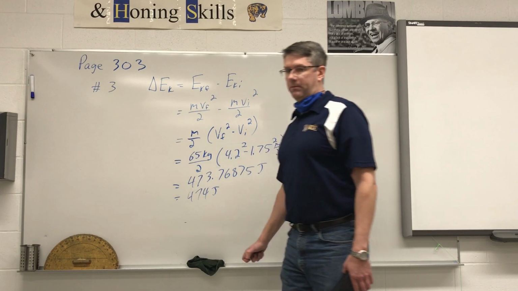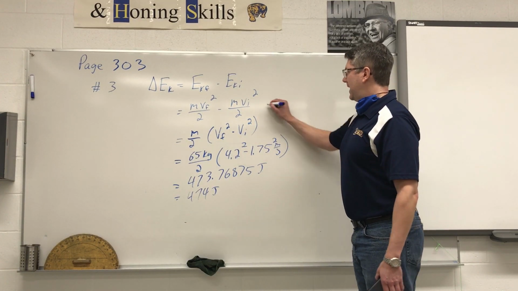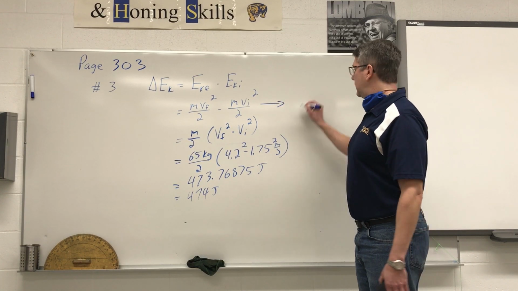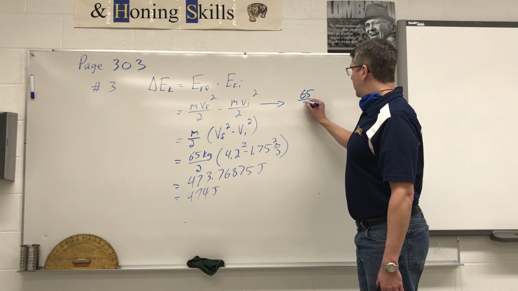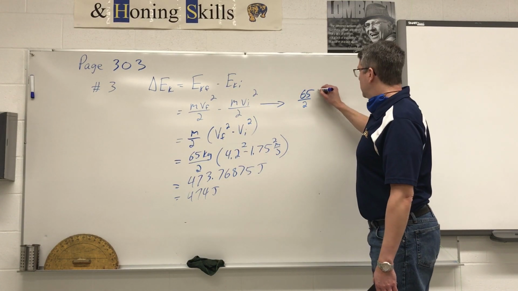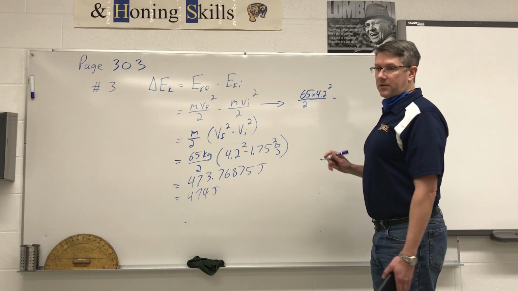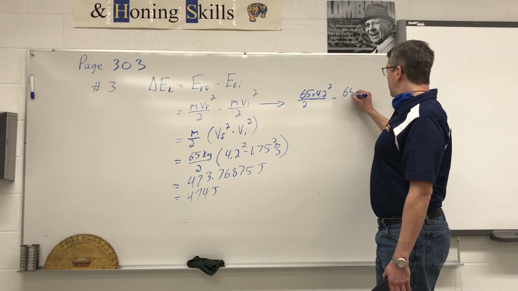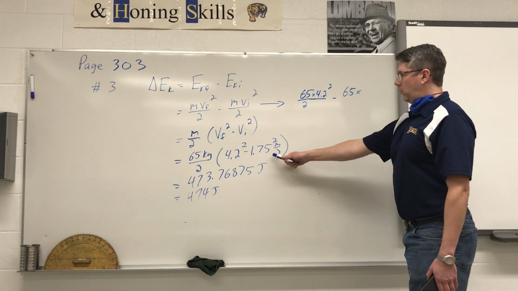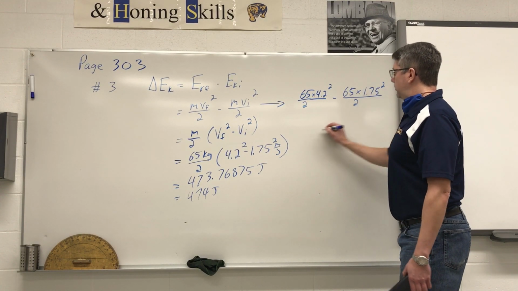474 joules. Now, the second option here is to take this and substitute our numbers directly in. So we're going to have 65 kilograms divided by 2 times our velocity final 4.2 squared minus our second energy 65 times 1.75 squared divided by 2.